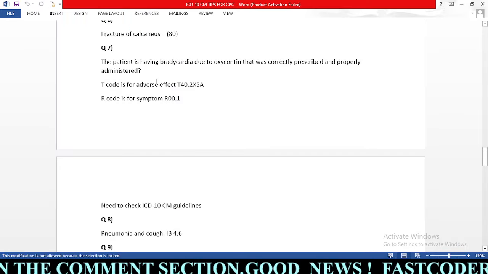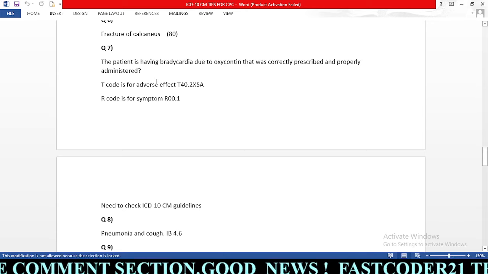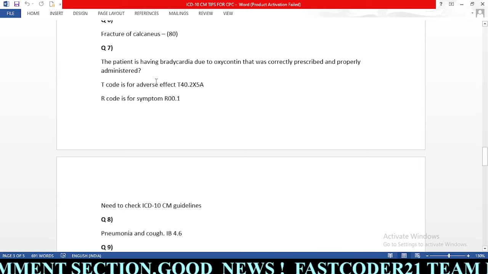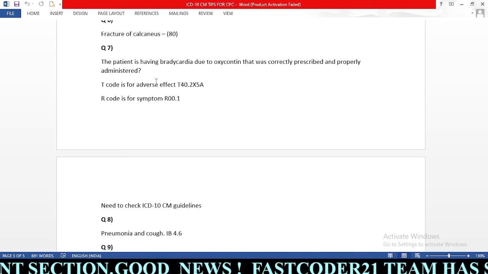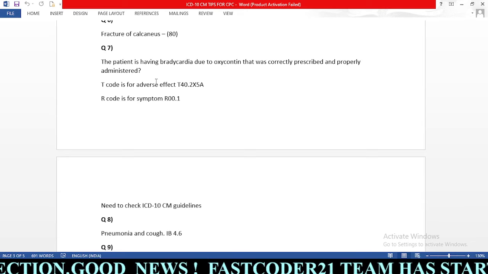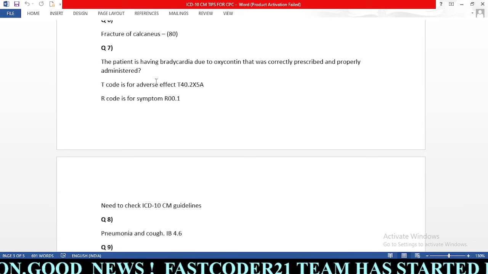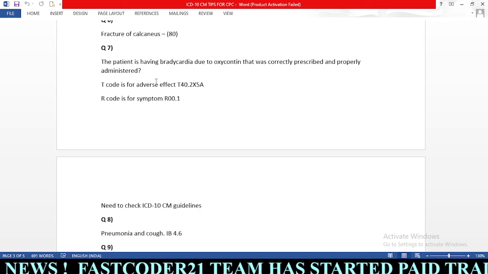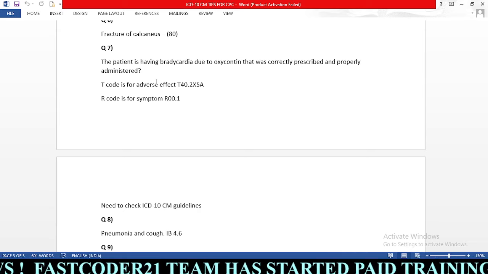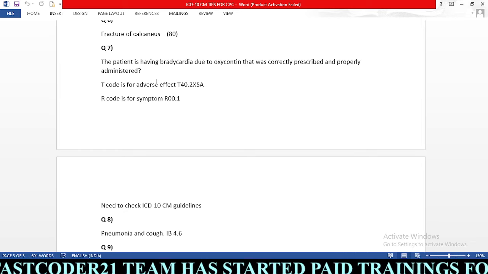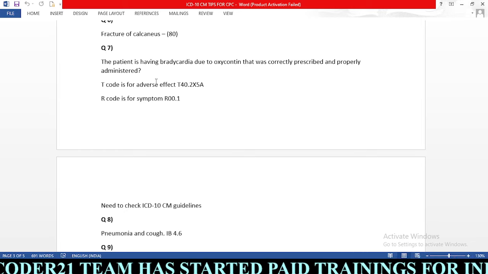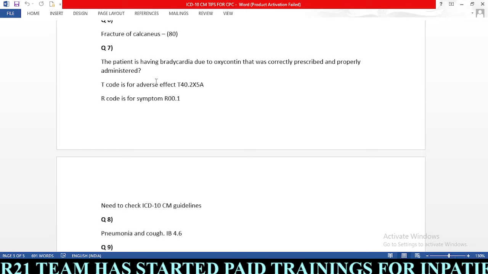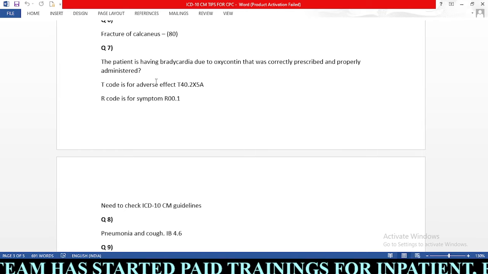So for example, the patient is having bradycardia due to oxycontin that was correctly prescribed and properly administered. So how do you code? Which is the adverse effect. So here, correctly prescribed and properly administered. So because of that reason, patient has bradycardia. So based on ICD-10 CM guidelines, we will call it an adverse effect.